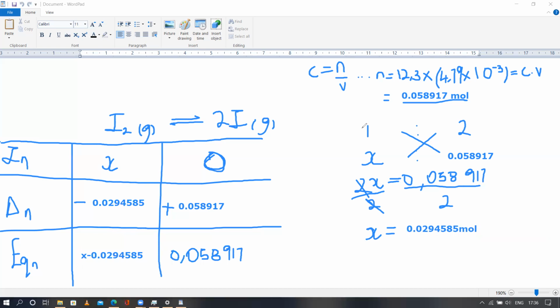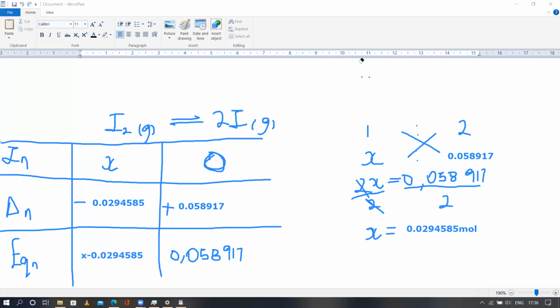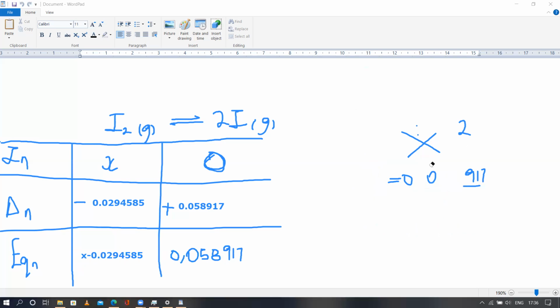So after, you're gonna use your Kc equation. So we're gonna rub everything out. And we're gonna write down our Kc formula.